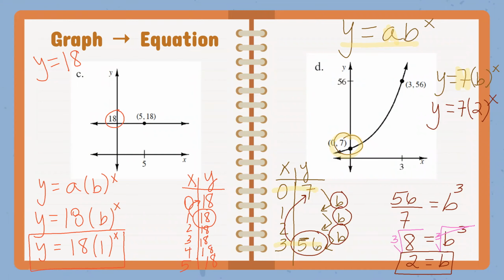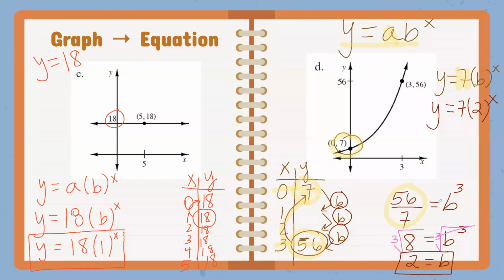We need to find our multiplier, which is from one term to the next term. Therefore, we're not trying to find b, which is 56 divided by 7. We're trying to find b, which would give us each term. And so we do the regular process of 56 divided by the term way above, which is 7.